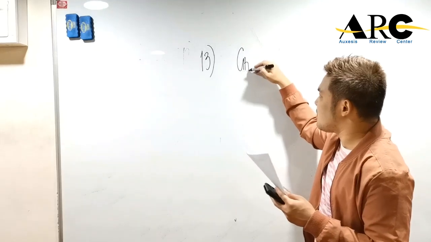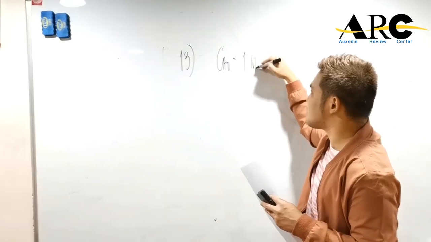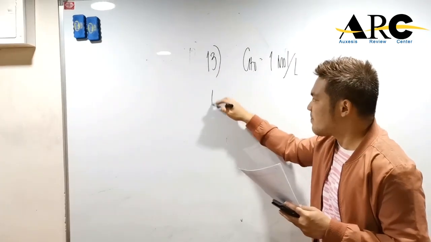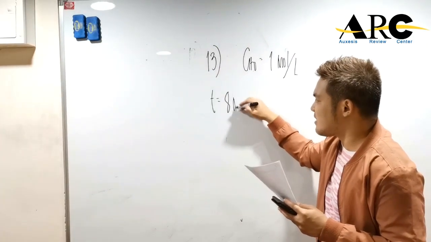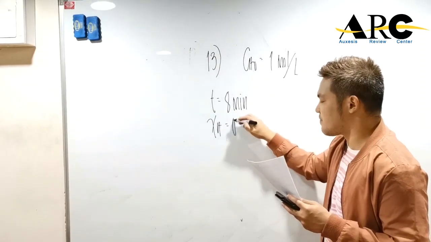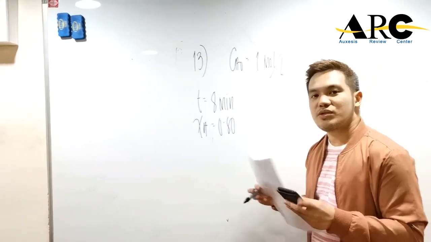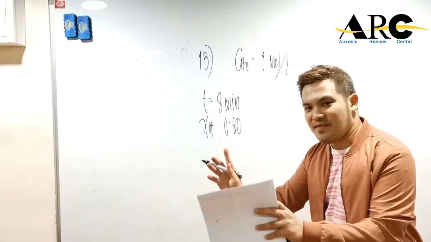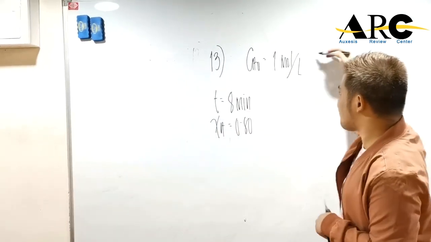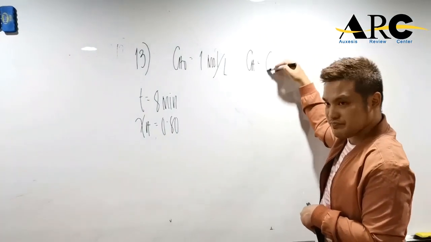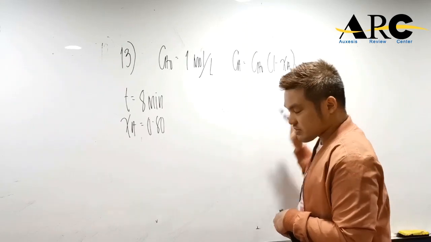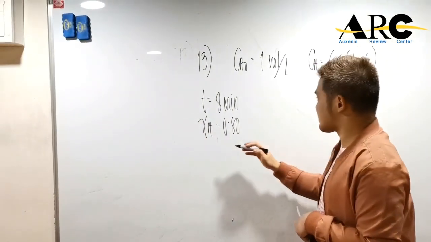Ano ba ang mga given sa atin? Initial concentration, 1 mole per liter. Kapag ang time daw natin is 8 minutes, ano ang XA natin? 0.8. Ibig sabihin, ilan ang maiiwan na CA? Naalala nyo yung formula, CA is equal to CaO times 1 minus XA.